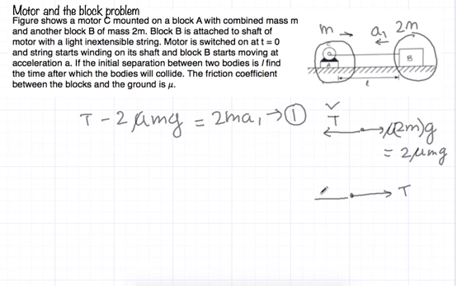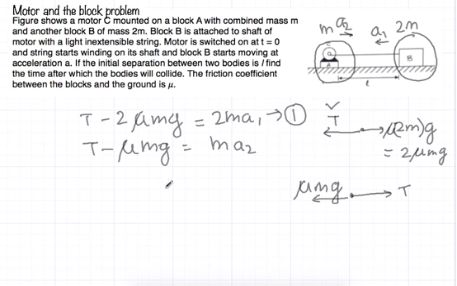Obviously, like I said, we can write directly mu mg because the bodies are accelerating. Suppose the acceleration is a2. So we write T minus mu mg equal to how much? The mass of this block is m, so m a2.